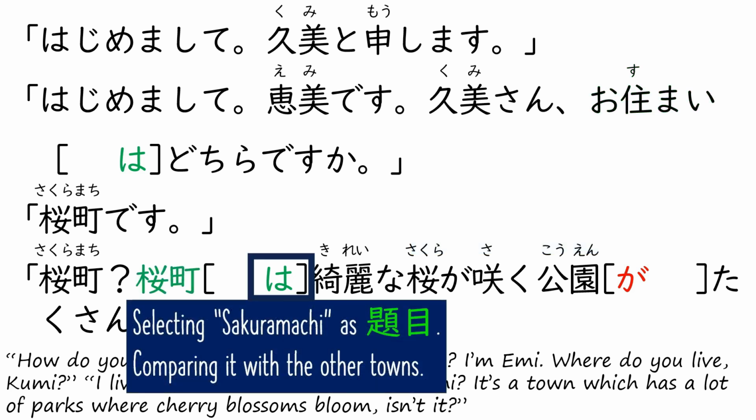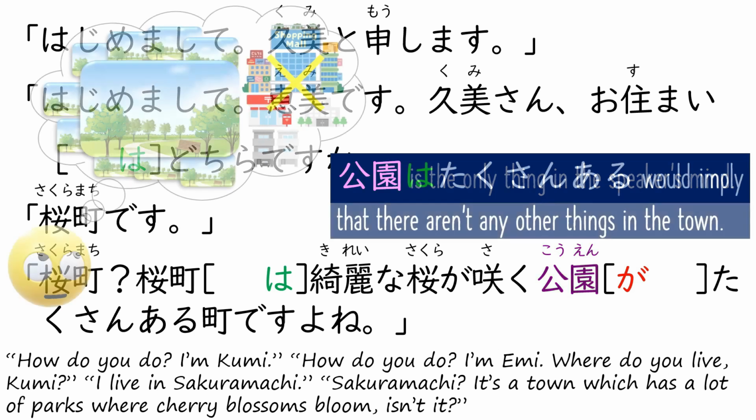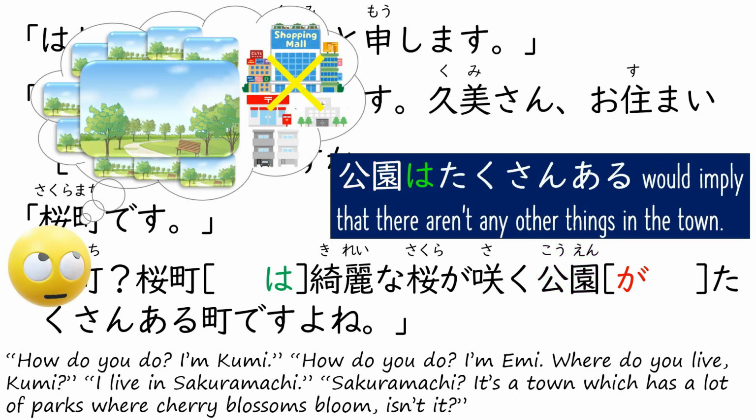The speaker has selected Sakura-machi as 題目, comparing it with the other towns. 公園 is the only thing in the speaker's mind at the moment. If wa was used, it would imply that there aren't any other things in the town.